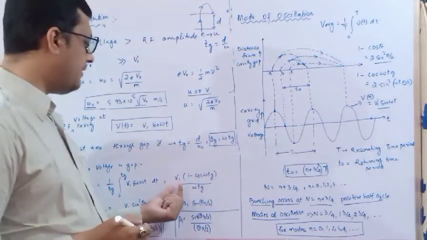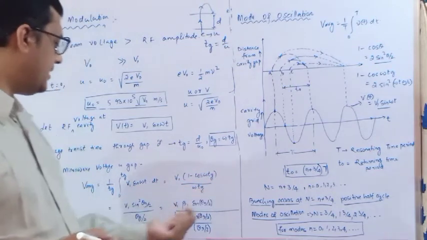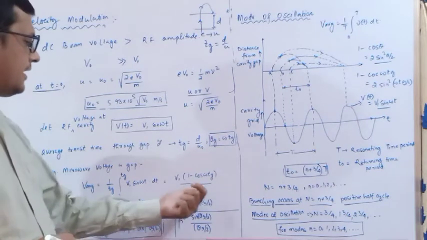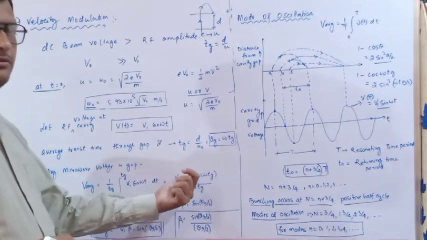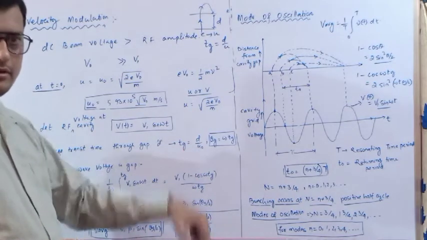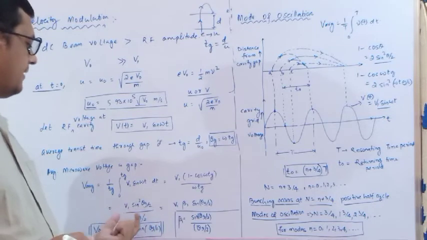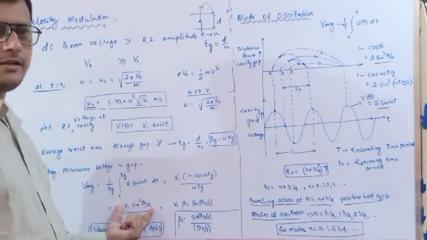So it is V1 times 1 minus cos omega tg by omega tg, which I have written as V1 sin square theta g by 2, and this one is theta g. Now the upper one is 2 sin square, bring that 2 downward, it will become theta g by 2, and for this representation I will extract one constant factor.